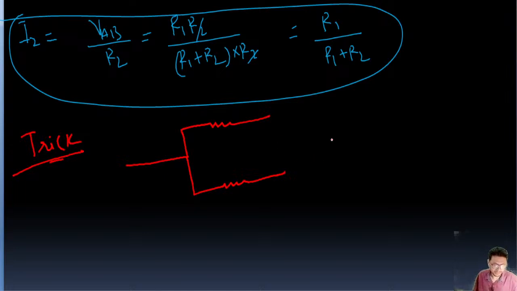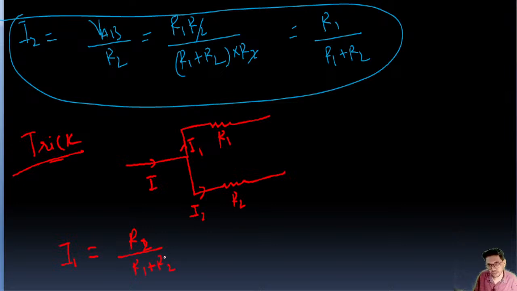So this is like this one. This is R1, this is R2, I2, I1, this is I. So now we'll use the trick. By the trick, I1 is going to be R2 upon R1 plus R2, and similarly I2 means R1 upon R1 plus R2, and I is also there.